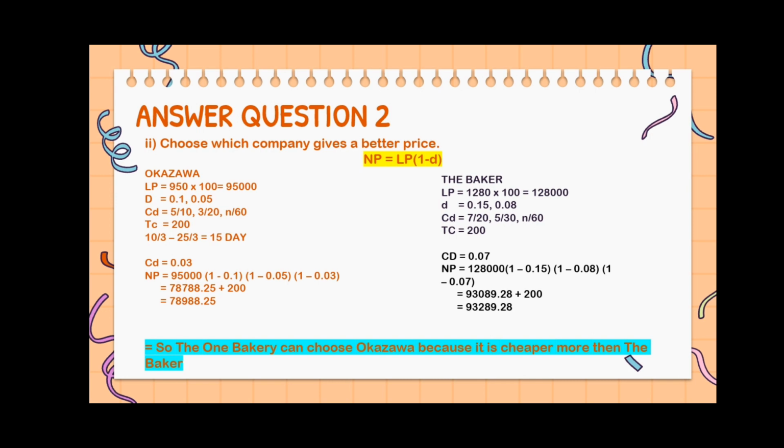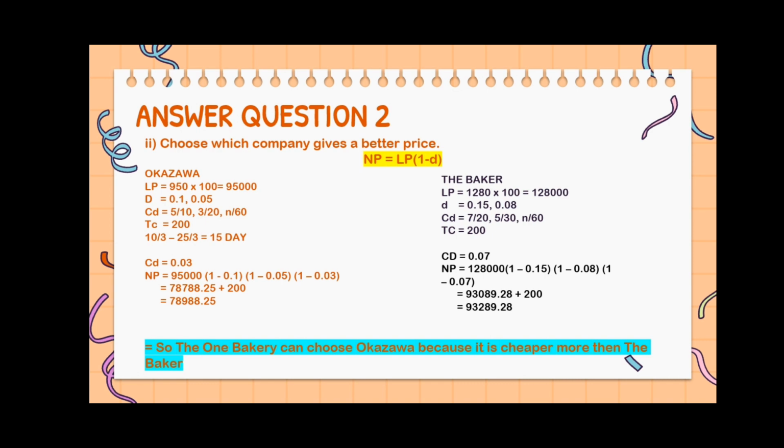CD equals 0.07, and P equals 128000 times (1 - 0.15) times (1 - 0.08) times (1 - 0.07).